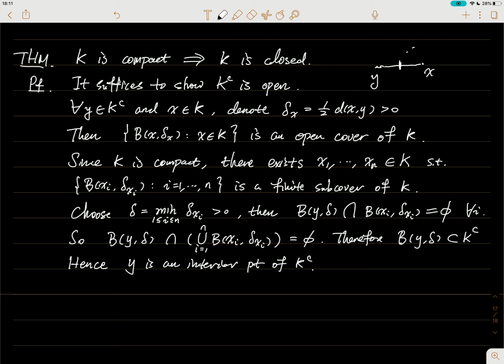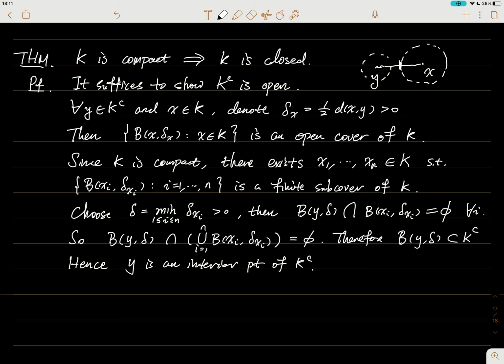That means my ball is at most this, for every point x. And now I have this delta, which is just the minimum of them. So delta cannot be larger than the ball here. So delta will be just smaller than this one.